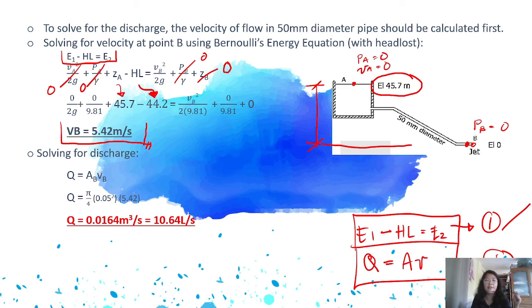So, 5.42. And then, to calculate that, using your calculator, of course. So, 0.0164 cubic meter per second. Multiply mo ng 1,000 kung ang hinahanap is liter. So, the final answer is also equal to 10.64 liter per second.